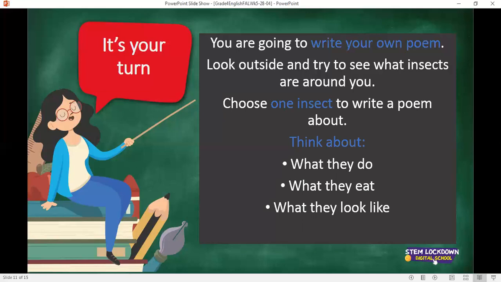Remember, you're going to write a poem, also what they sound like. Like a cricket makes a very distinct sound, he rubs his legs together. Sorry, I couldn't make the squeaky sound.